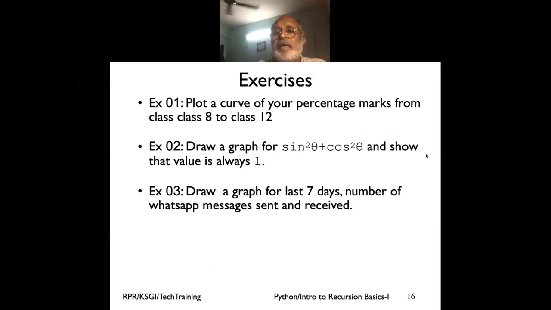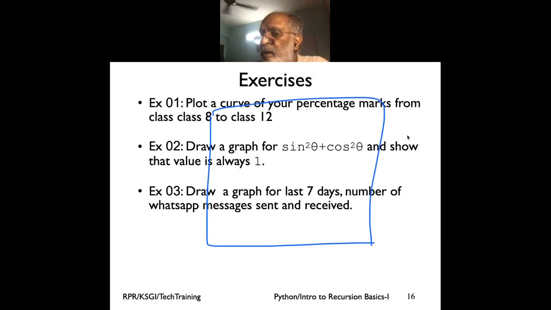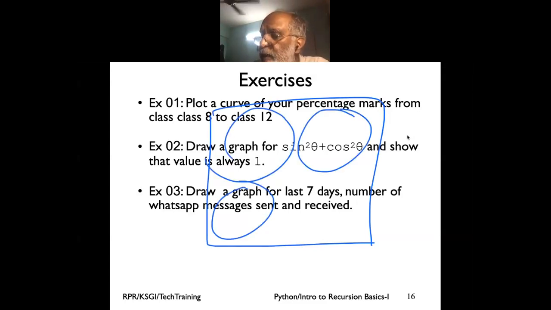In the next lecture, we'll look at what is called multi-plot. So far we saw a single plot in a graph. But I'll define different windows, window 1, window 2, window 3, window 4, and each window has one graph.